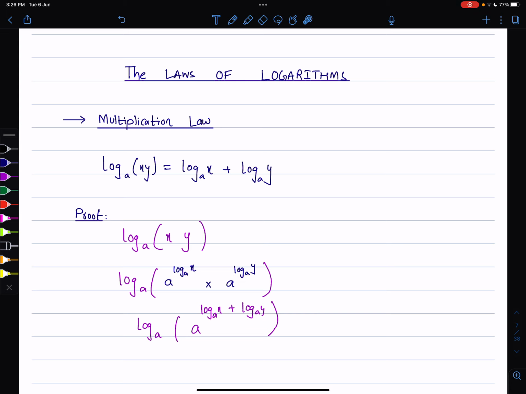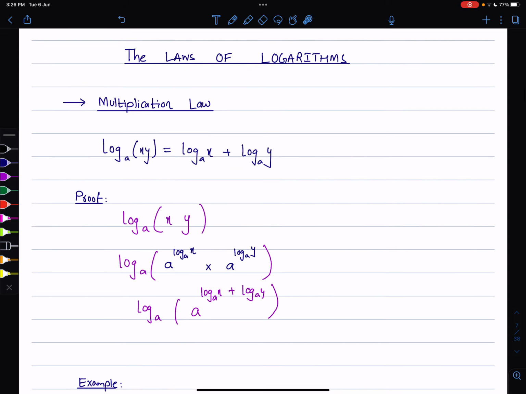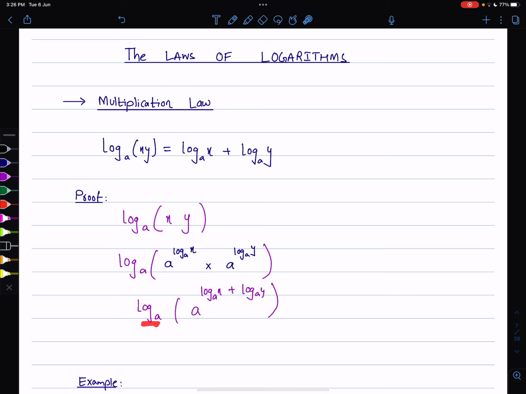Okay, now this reduces down to a single log. Log to the base a of a to this power, which simplifies down to this power only. So the final result is log to the base a of x plus log to the base a of y.